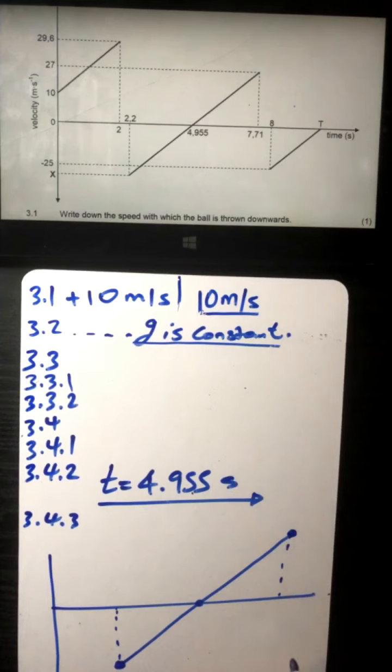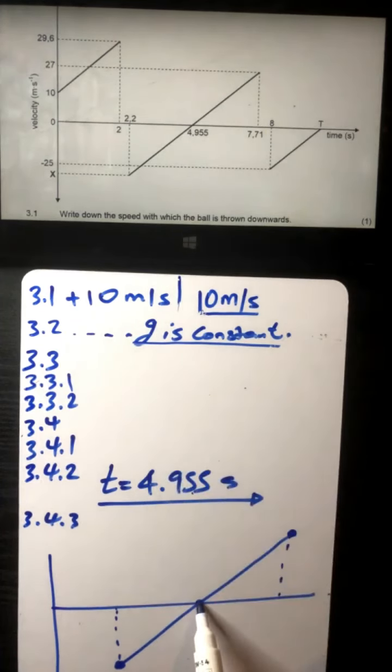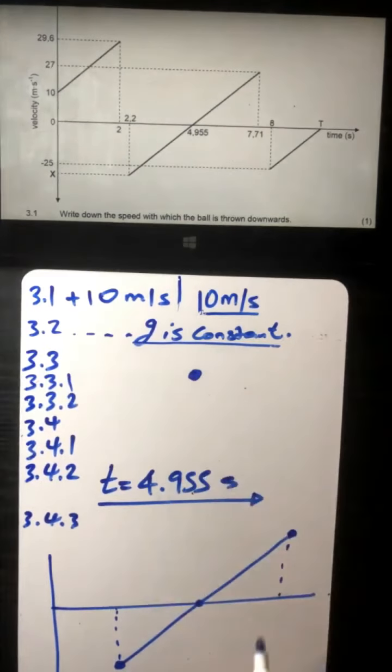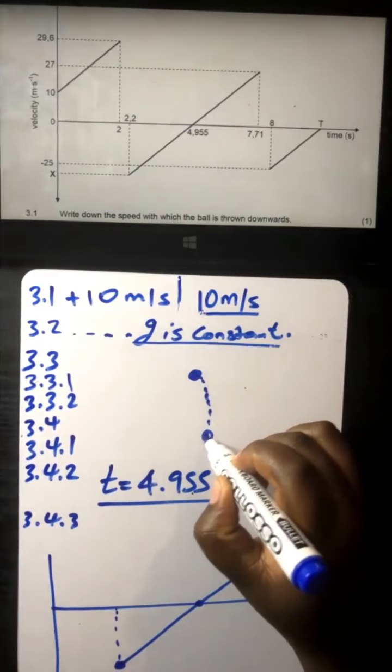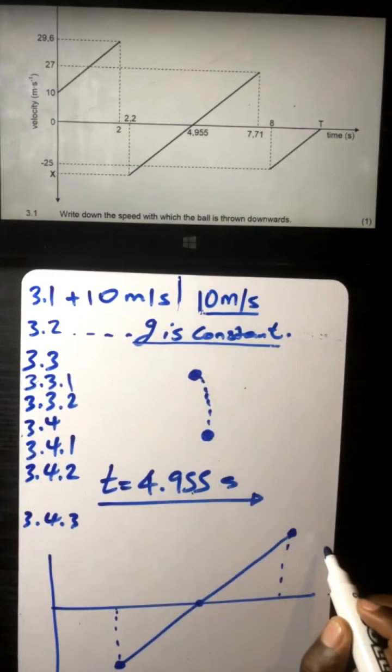This is that initial velocity. Ladies and gentlemen, what I want to explain is that obviously at that point, the object is at its maximum height. And obviously, that point there is when it strikes the ground.